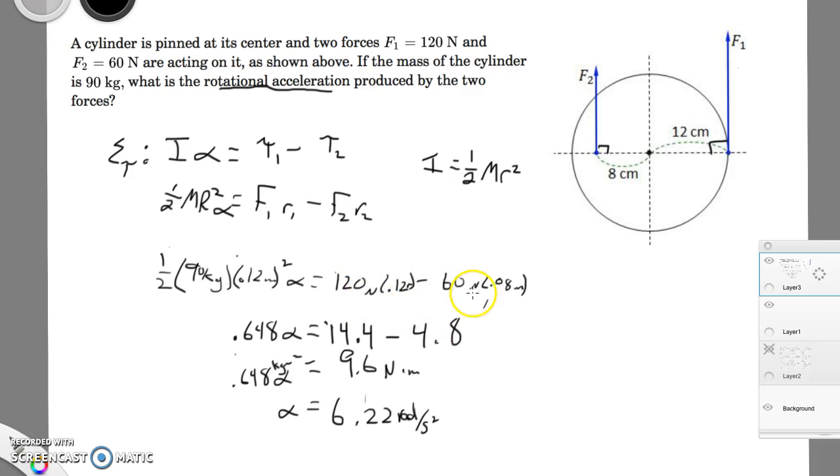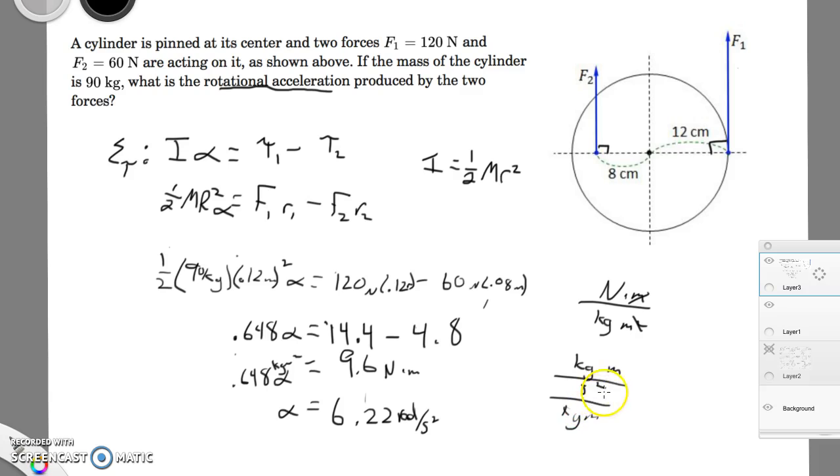So the torque is newtons times meters. We're dividing that by moment of inertia, which is kilogram times a meter squared. One of those meters cancels out right there. Remember that a newton is a kilogram meter per second squared. That's all over kilogram times meters.